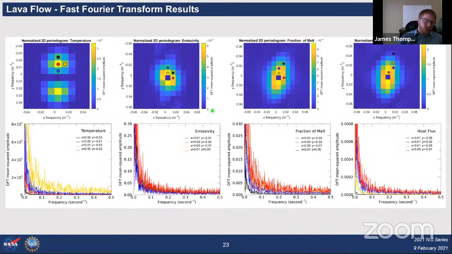One interesting thing that these can show in lava flow data sets is that this can give us some sort of understanding of directionality. This can show us in which orientation these breakouts are predominantly occurring. So this can potentially imply whether a breakout is going to happen along the flow in the X direction or in the Y direction.